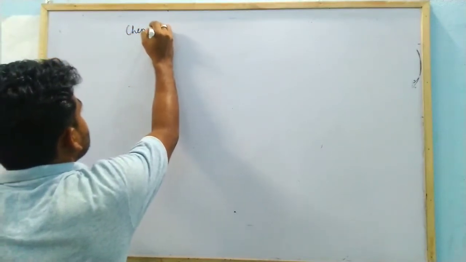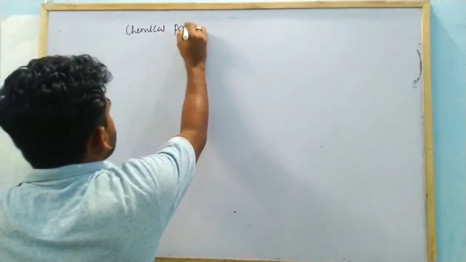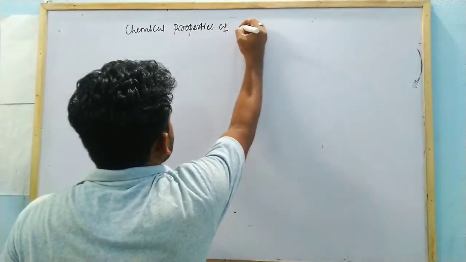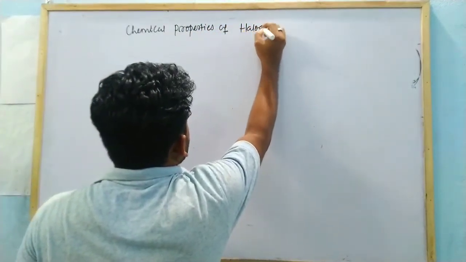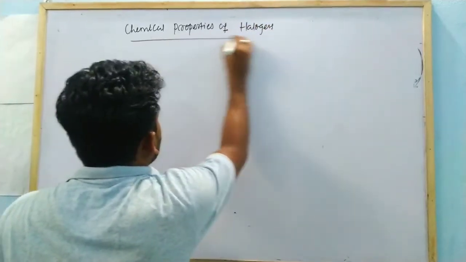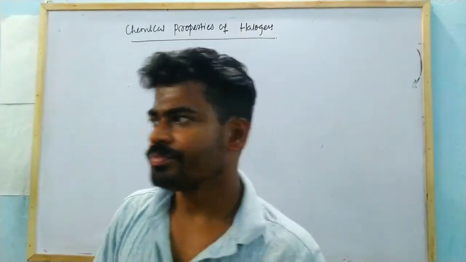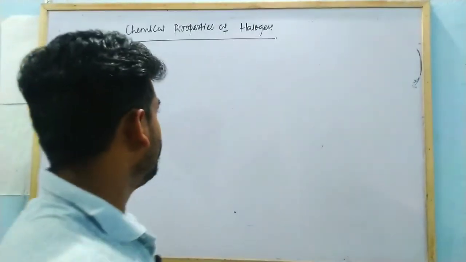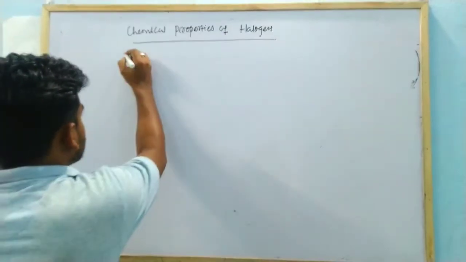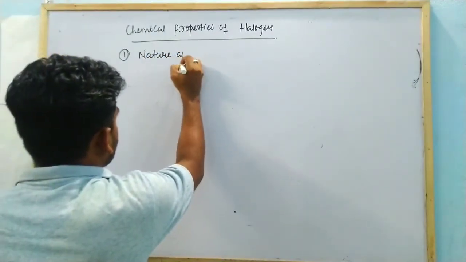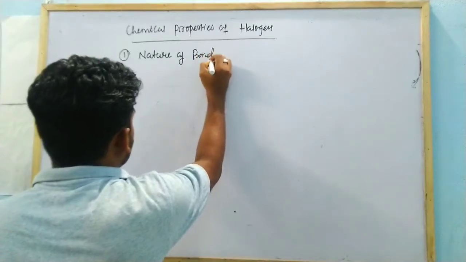In chemical properties, the first one is the nature of bond.